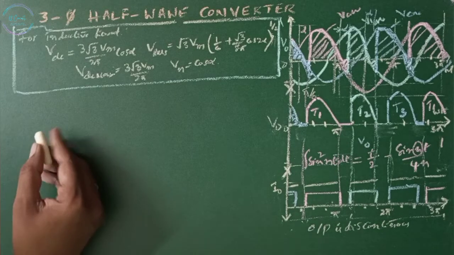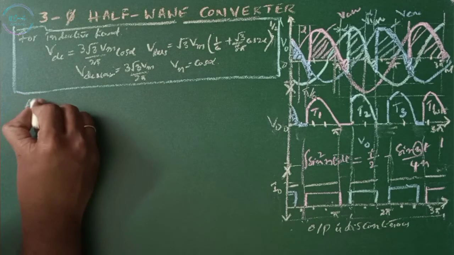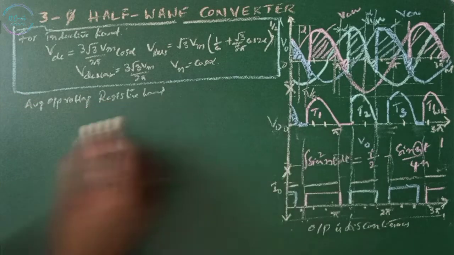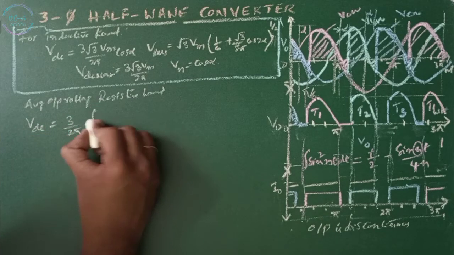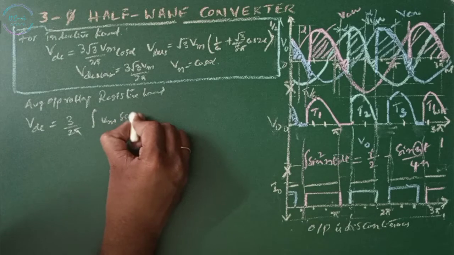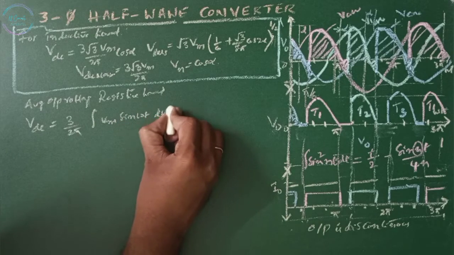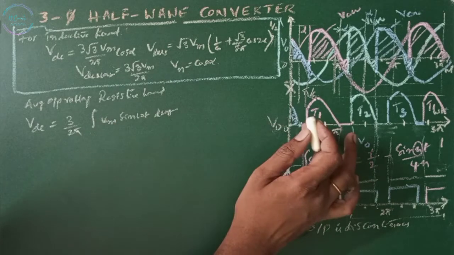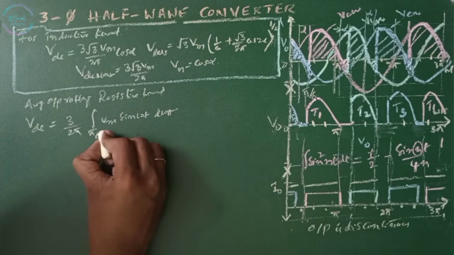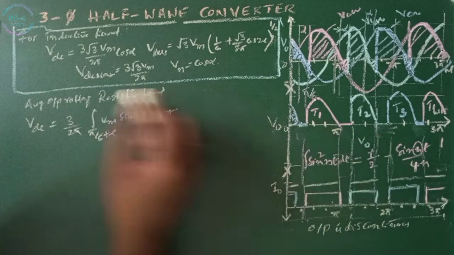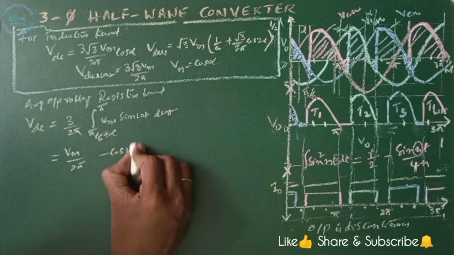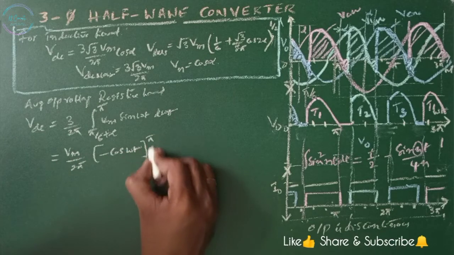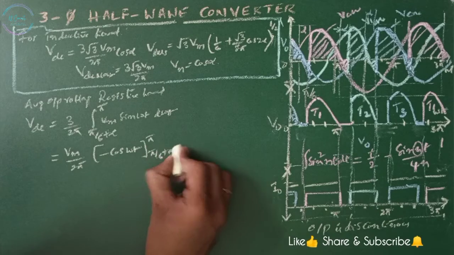Now let us try to find out the average output voltage for resistive load. From the waveforms, VDC is given by 3 times 1 by 2 pi integral Vm sin omega t d omega t, from pi by 6 plus alpha to pi only. Vm by 2 pi times minus cos omega t between the limits pi by 6 plus alpha to pi.